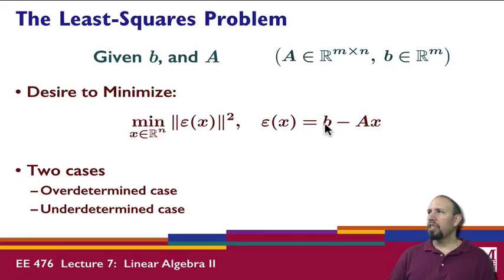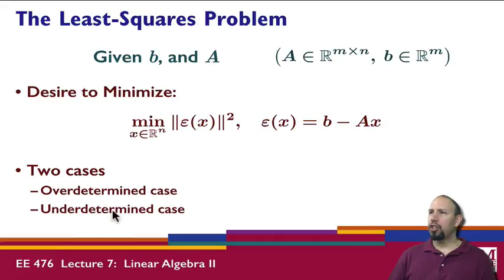Notice that if b is equal to Ax, then this error is 0, and that's as small as you can get. But we're looking here at the problem when the error is not 0, when there is no x that makes this 0, and so we're looking at the smallest value.